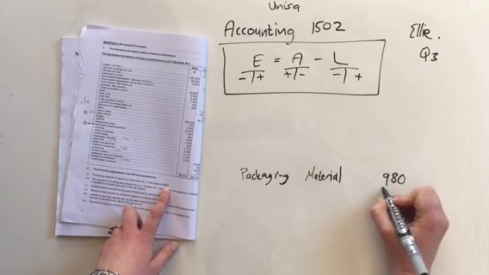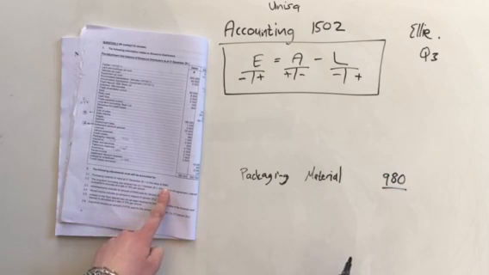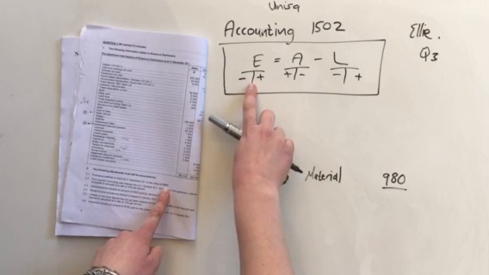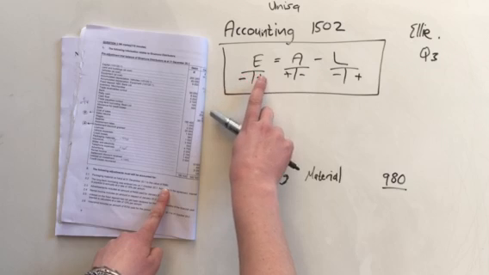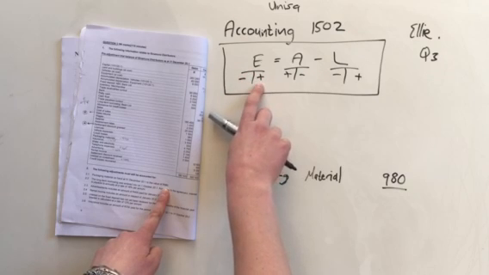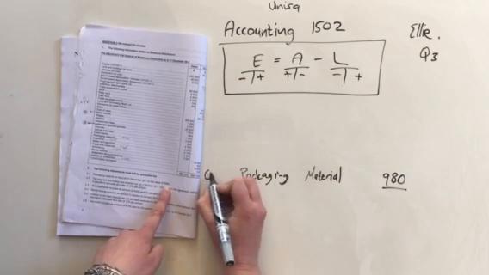Now, it's like we bought packaging material already, but we actually didn't use it, so we can use it next year. So it's an expense, and an expense would have been this side because it makes equity less, but it's an expense we did not use. We did not use it. So it's in fact going to make equity go up. So that is the credit side.